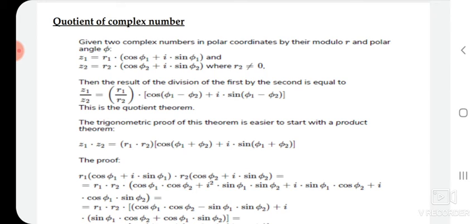Now, we have to replace that x and y in terms of r and theta only. How? Because z1 is equal to x1 plus iy1, it can be represented with the help of r and phi as r1 into cos phi 1 plus i sin phi 1, and z2 is equal to r2 into cos phi 2 plus i sin phi 2, where r2 is not equal to 0.